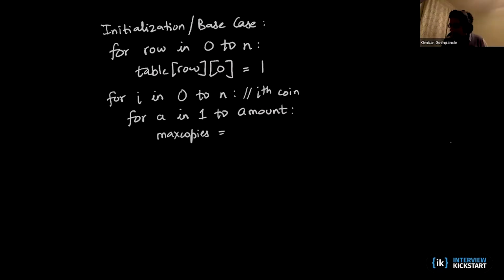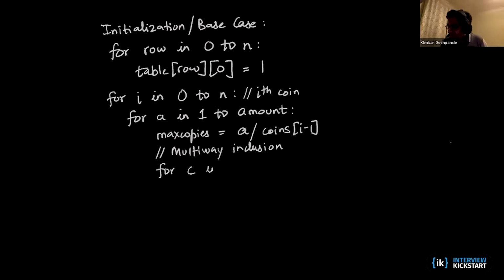So we are in row I column A. We take the amount A and we divide it by the value of the ith coin, the denomination value. So now we do a multi-way inclusion. We include as many copies, so for the copy C, varying, there could be 0 copies all the way up to max copies.